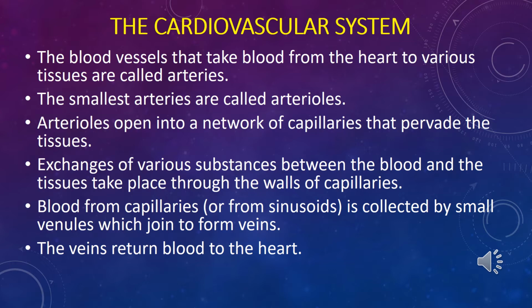Smaller arteries are called arterioles. Arterioles continue to capillaries, where the exchange of gases is provided. And the next main sentence: blood from capillaries is collected and forms venules, which are joined and form veins. Veins return blood to the heart.